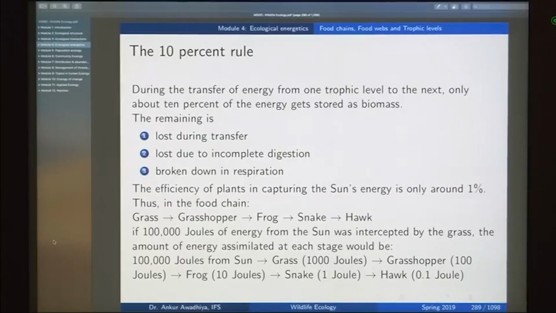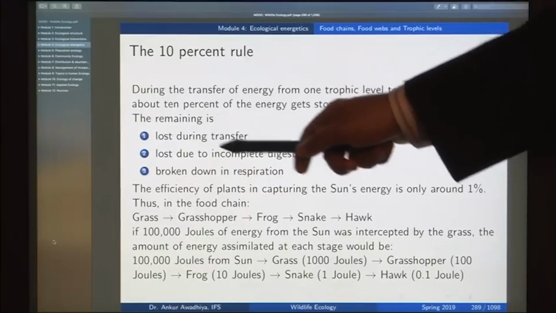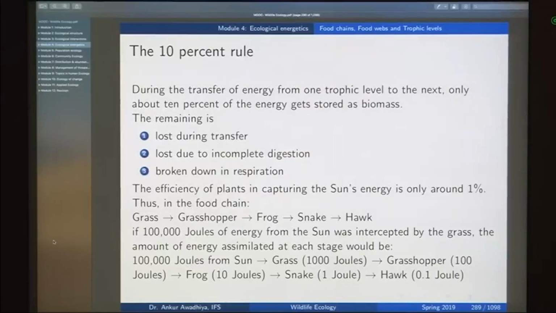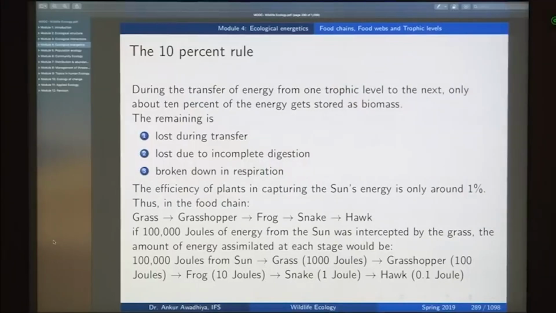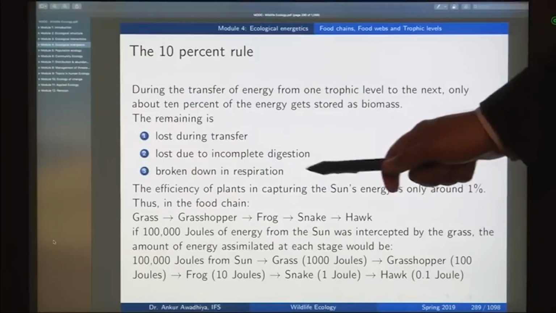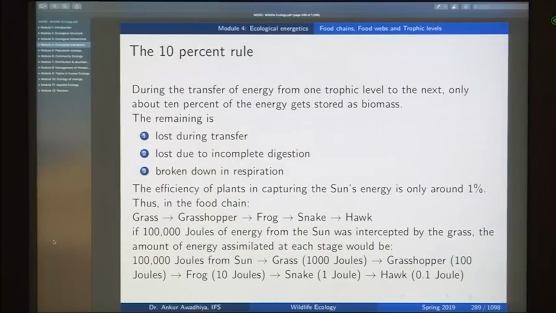So, typically if you have a tiger that is chasing a sambar, the tiger is using up energy during this process because it is expending energy in chasing the sambar. Then the tiger will not be able to eat all the body parts of the sambar. There will be some amount of incomplete digestion, and plus the tiger is also respiring, it is also using energy for its own biological processes, so it will also lose out some other parts of energy.